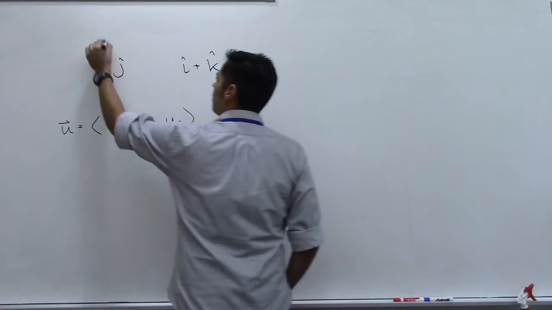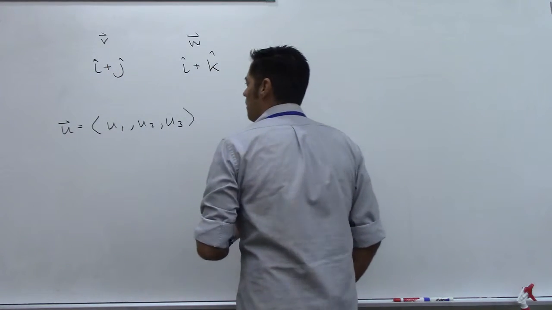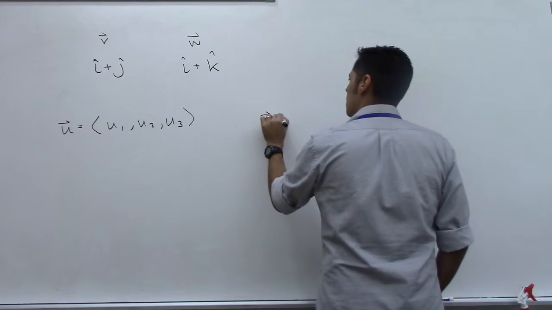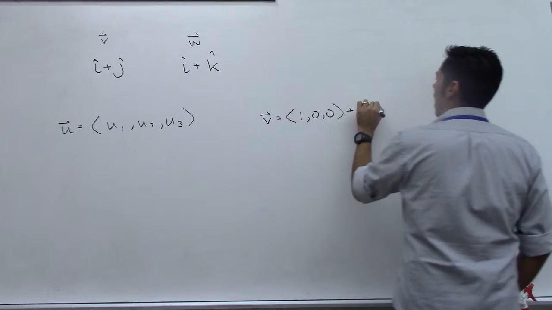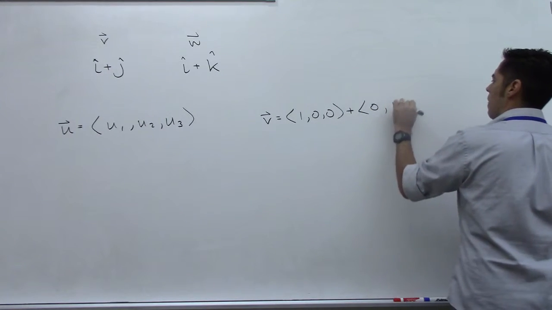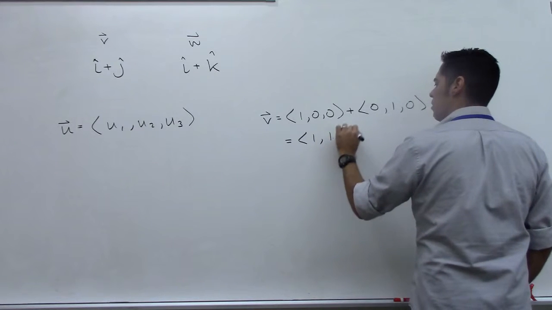So let's call this vector v, this vector w, and let's figure out what those are. v is i hat plus j hat, which means that it's just 1, 1, 0.